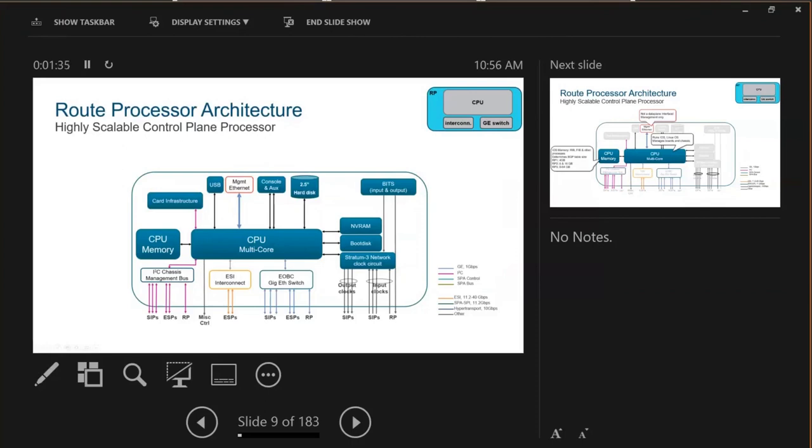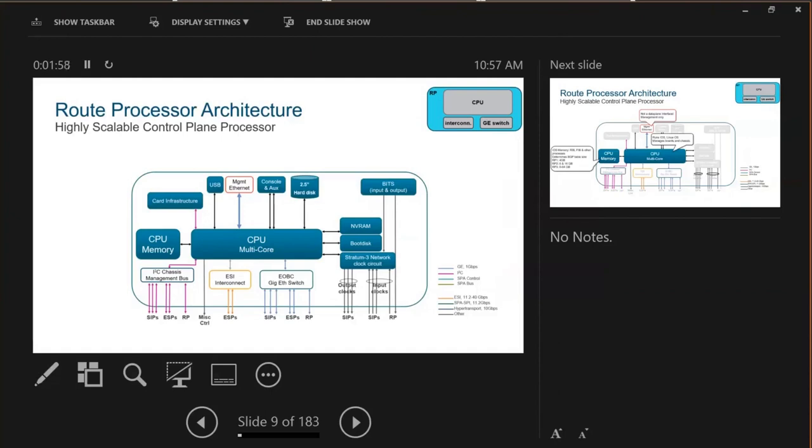This will be upgradable. It comes by default around 8 GB, and it varies on different devices, but the default will be around 4 or 8 GB depending on the model, and it can be upgraded to around 16 GB.